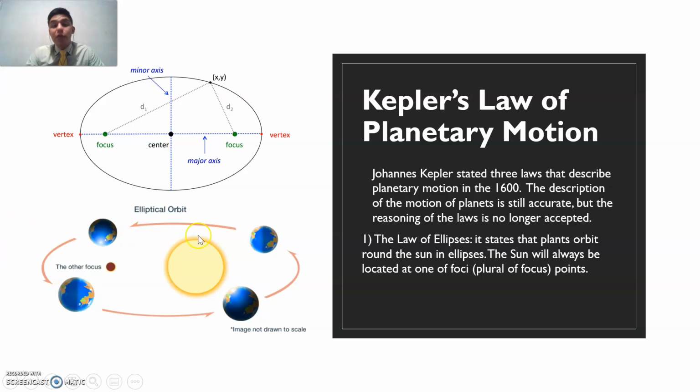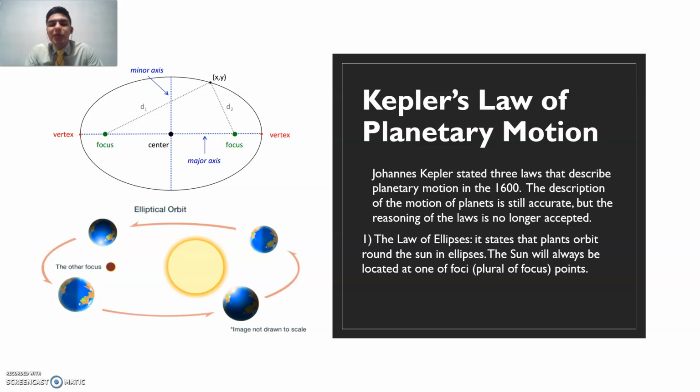And of course, around the sun, there are many planets that are orbiting, such as our planet Earth, where we are living right now. Okay, so now let's go with a little bit more theory. Johannes Kepler stated 3 laws that describe planetary motion in the 1600s.